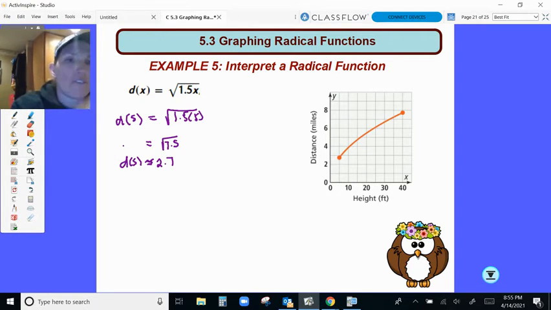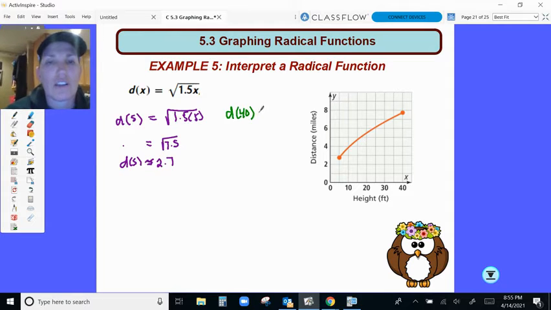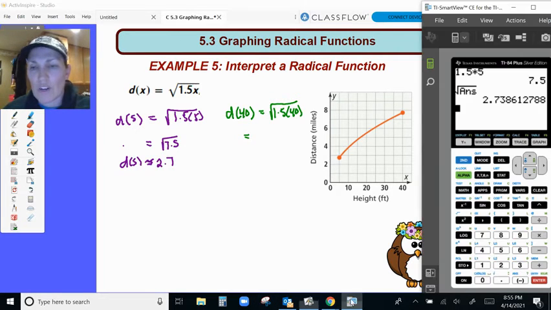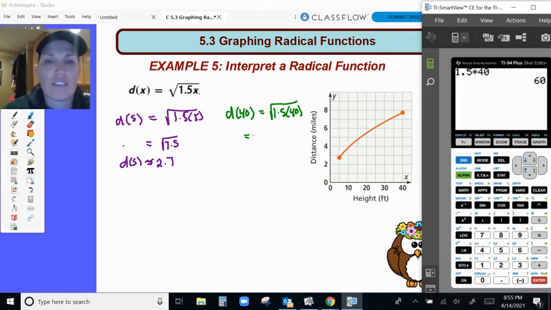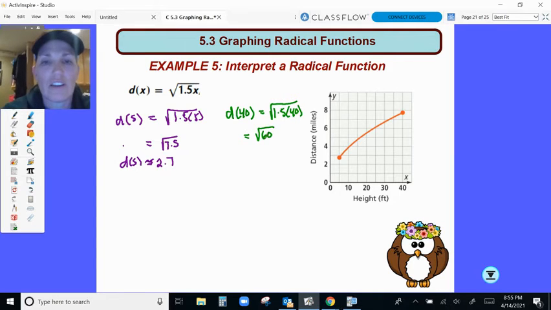Now let's check and see how about 40 feet, right? So distance when she's 40 feet is going to be the square root of 1.5 times 40. And that will equal, so let's take our 1.5 times 40. And that's going to give us 60. So we're going to have the square root of 60 here.